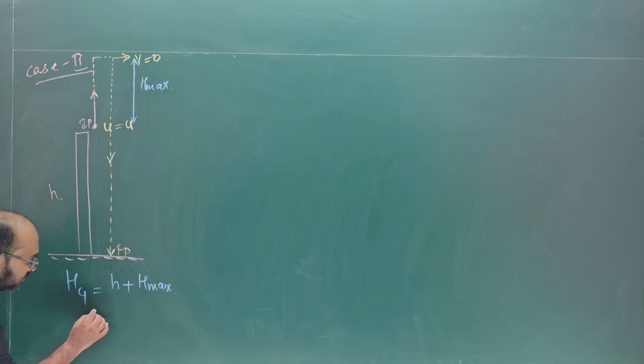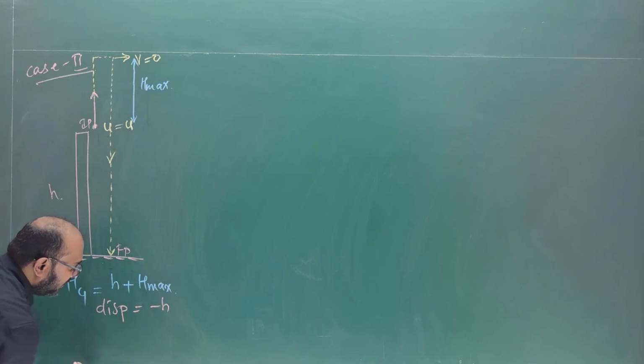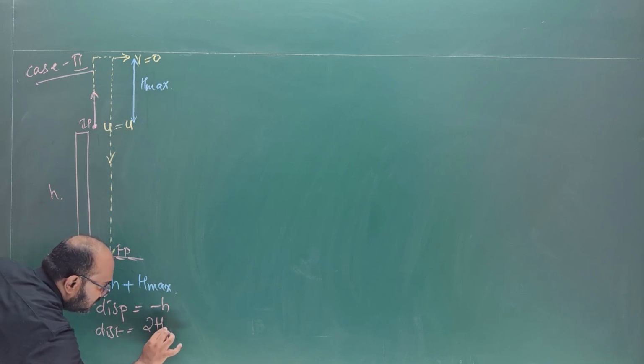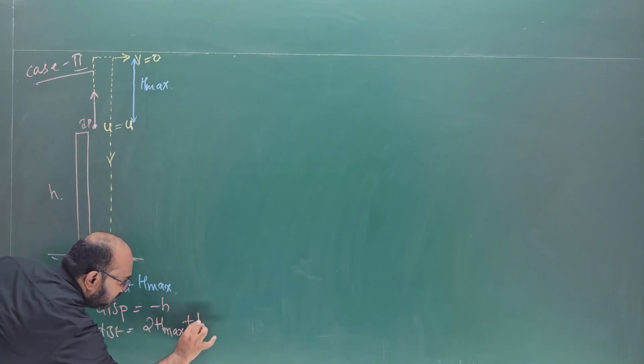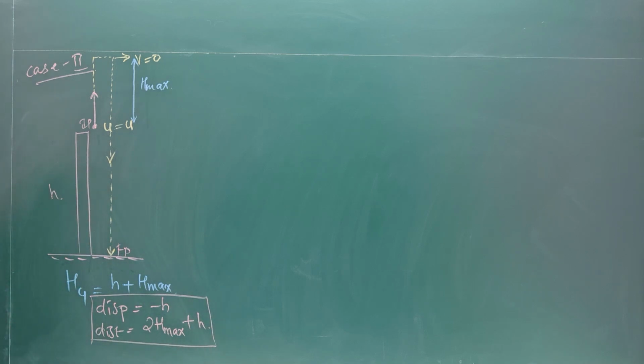So if someone asks you what is the displacement, then the displacement will be minus h, and distance is nothing but, can I say, 2 times h max plus h? Can I? Okay, now let us calculate the time period first to reach here.